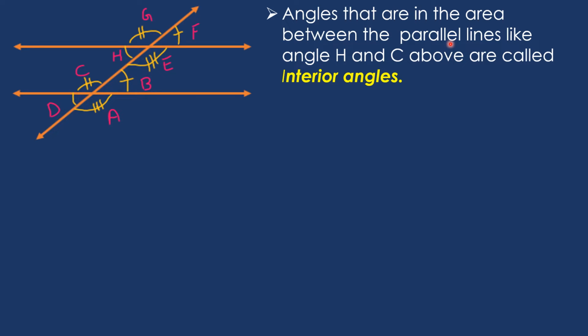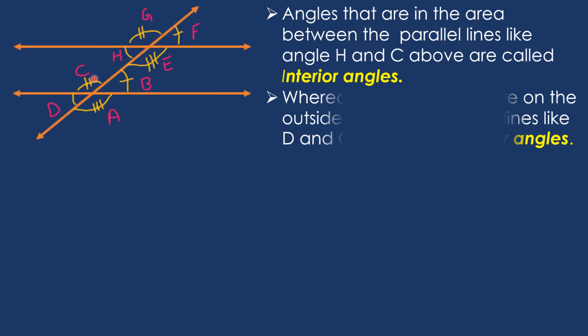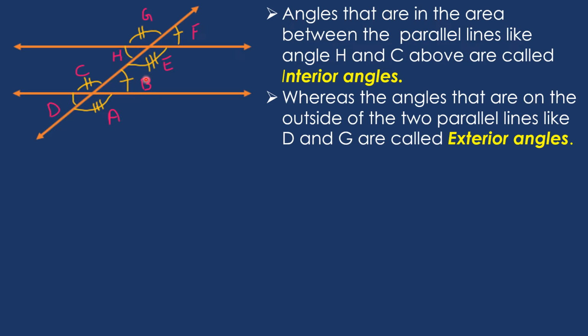Angles that are in the area between the parallel lines, like angle H and angle C above, are called interior angles. And the angles that are on the outside of the two parallel lines, like D and G, are called exterior angles.